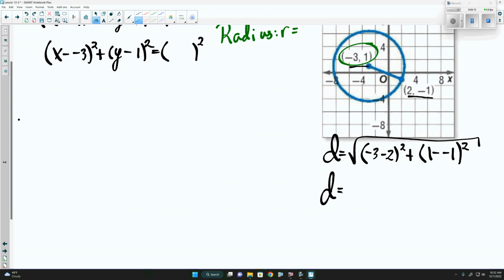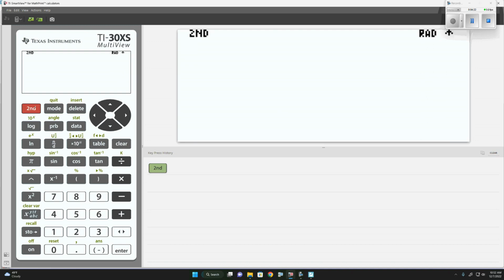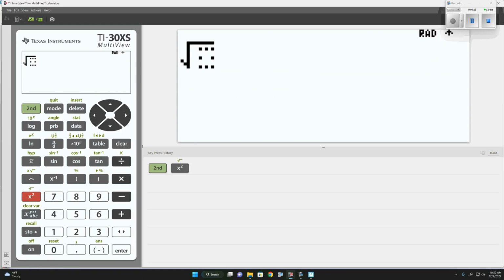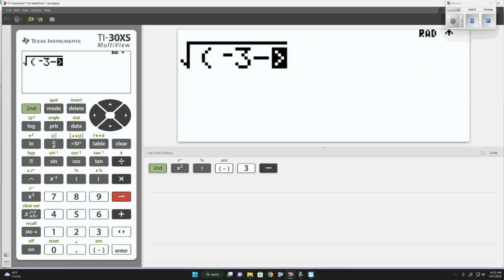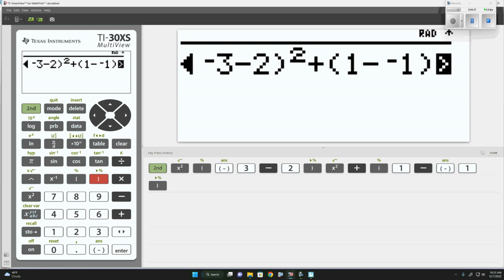And at this point here, we could type this all into the calculator. So we can figure all that out. We can say second square root. Parentheses, -3 minus 2, close parentheses squared, plus 1 minus -1 squared.